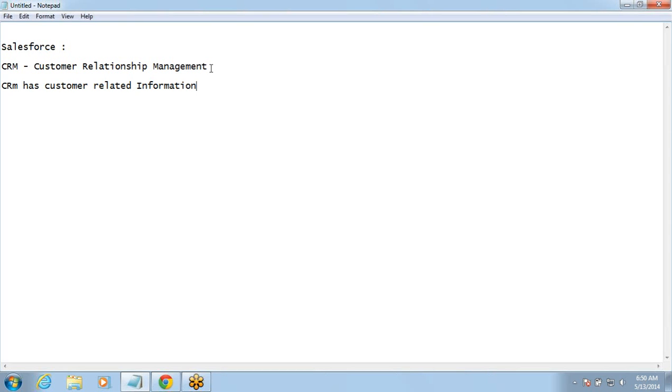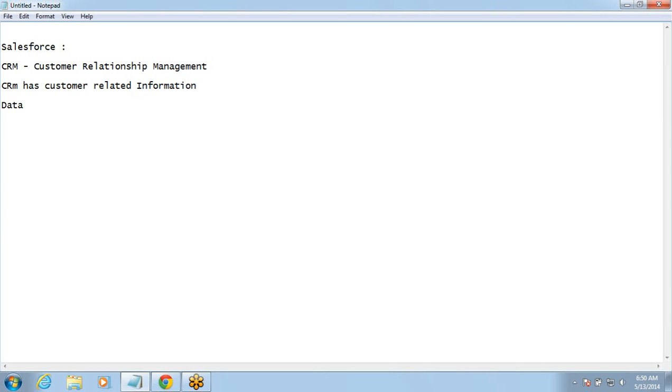So when we talk about this customer related information which goes into CRM, as I said, there is a lot of information which goes there. So it's not just one information, there is a lot of information which goes into it, right? So that is one thing. Okay, so the CRM is something which should help business to store all this information.